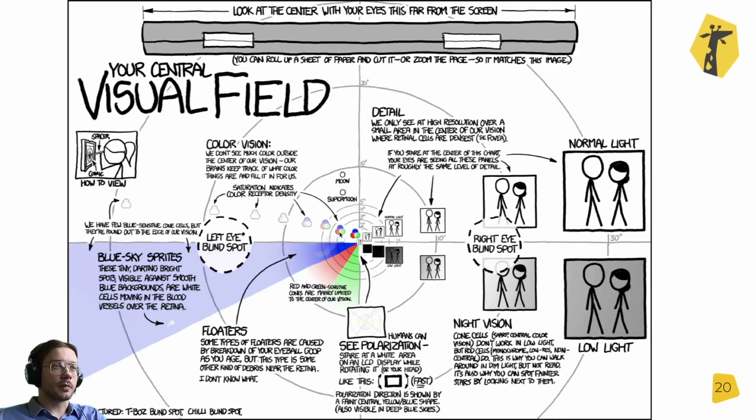So this is another picture of how our vision degrades depending on the angle. You could stop the video and read everything here. This is very interesting, and this is how our vision operates.